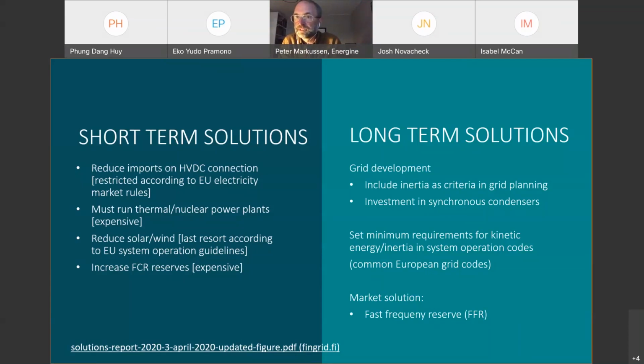We could also set minimum requirements for the kinetic energy inertia, but that is currently not the case in the European grid codes. And then there is the market solution, where we could implement a fast frequency reserve, which has been a choice we have also taken.